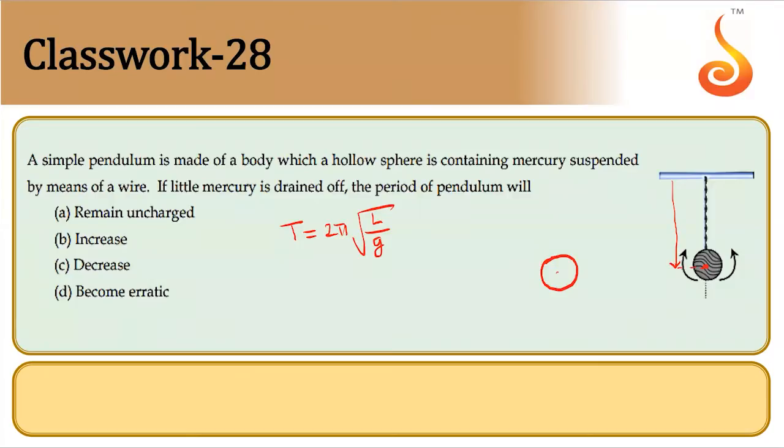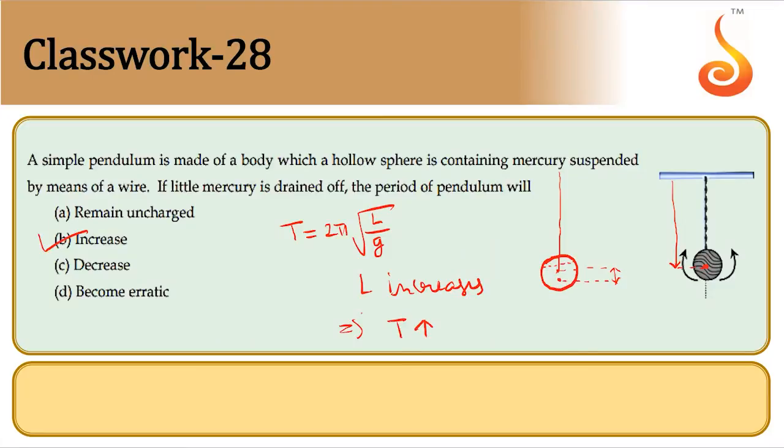Now, if a little mercury is drained off, let us say this is the level of mercury, then the new center of mass comes down. So original length was this much. Now this much additional length has to be taken into consideration. So L increases when a little mercury is drained off, which implies T also increases.